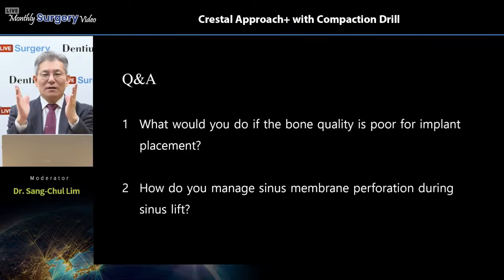So instead of a taper type fixture, you have to choose the fat belly style fixture, which is better. Again, a fat belly style, like the Bright TL system, is much better to apply to this poor bone quality. So first, procedure. Second, correct implant system selection. Okay.